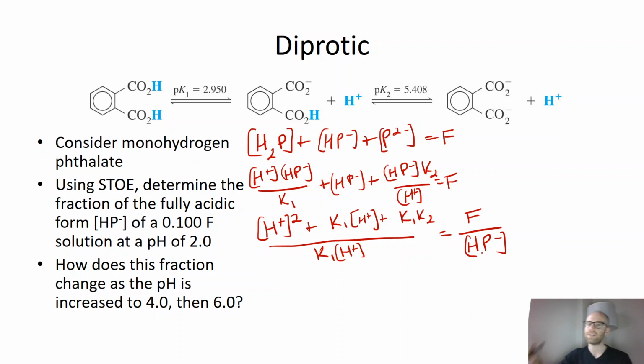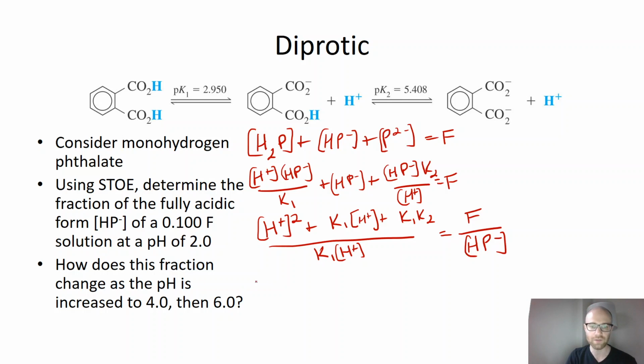If you need to see how these steps happen, I'd suggest going back to the H2P example to see how I got from the second step to the third step. To get from the first step to the second step, we're just using rearrangements of the K1 and the K2 expressions. So hit the pause button, go back, follow these steps, because this is the important part.